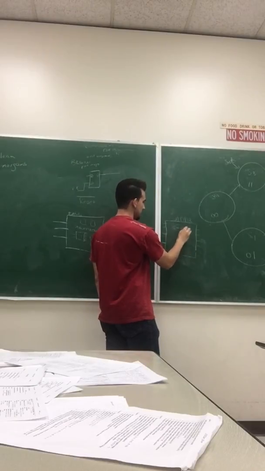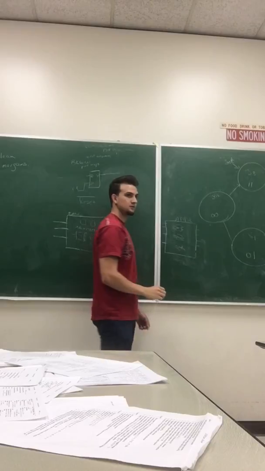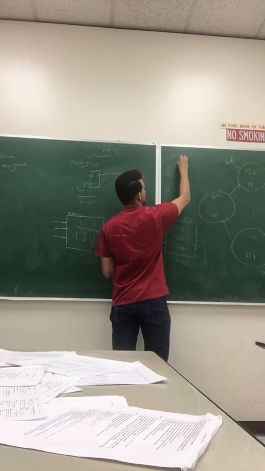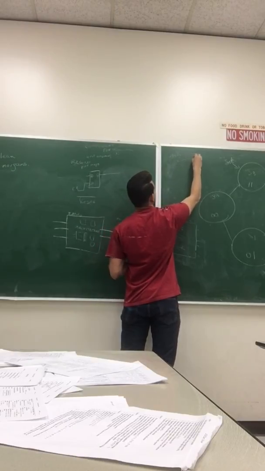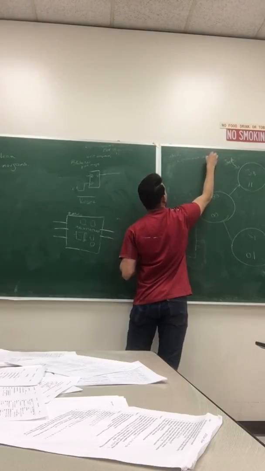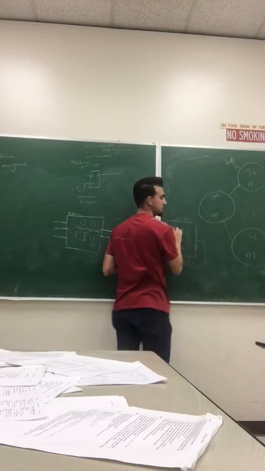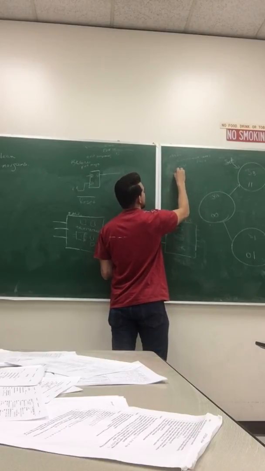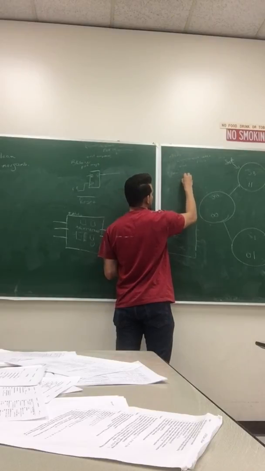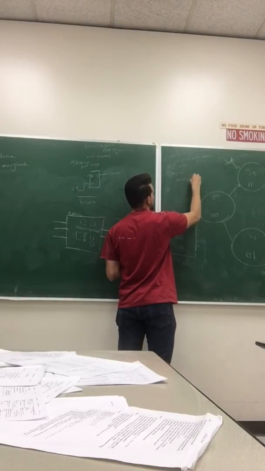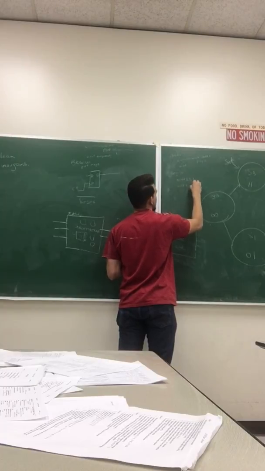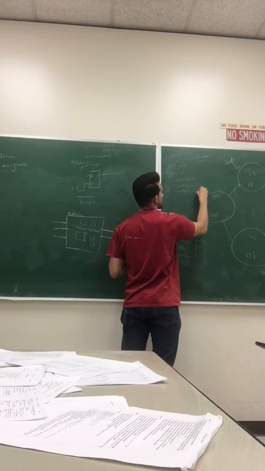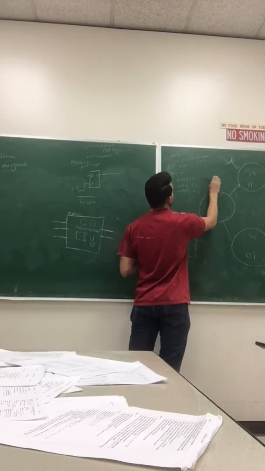And then each of these has 2 inputs, 2 outputs. So when you say architecture, then you're gonna say component add 1, and then you do the port for that, whatever the inputs and outputs are. And then in the begin, you say I want add 1 for bit 1, add 1 for bit 2, and add 1 for bit 3. These are the names that I'm giving, and these are each add 1s.